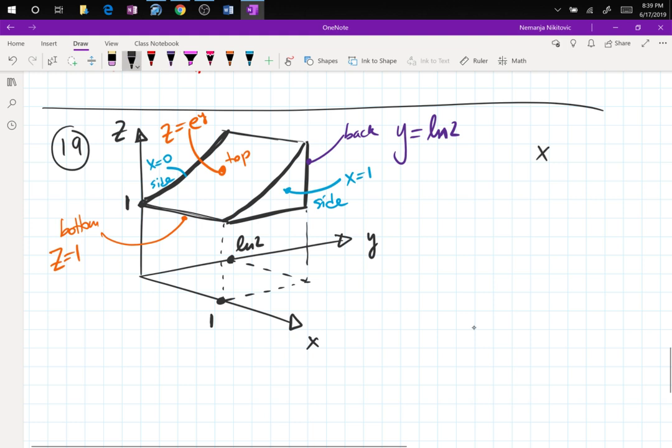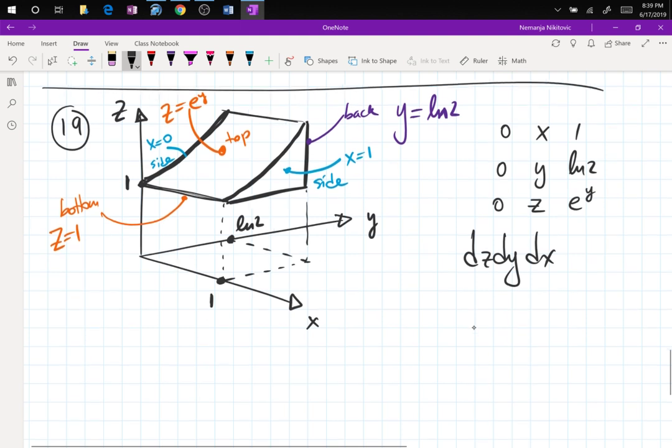So x is stuck between 0 and 1. Y is stuck between 0 and ln2. And z is stuck between 0 and e to the y. Cool, huh? So we can again use our dz, dy, dx in this case.